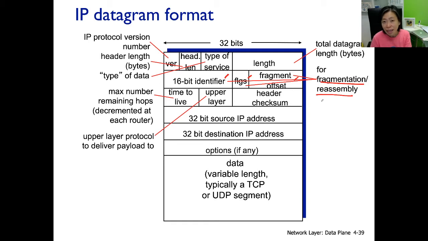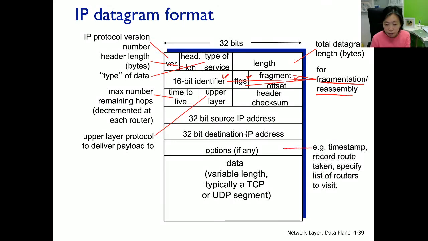That size can very well be smaller than the IP packet size. In that case, we need to cut a big datagram into smaller frames. These flags allow us to reassemble the frames back so that we can recompose the original IP datagram.